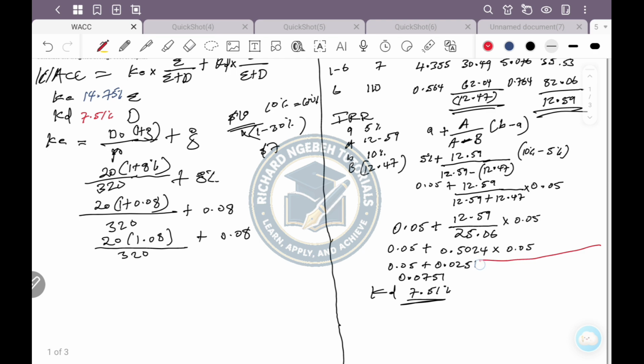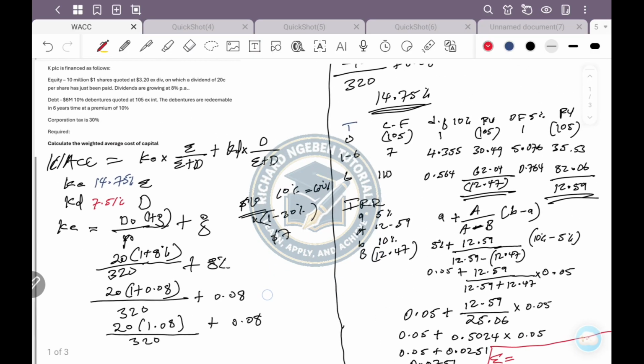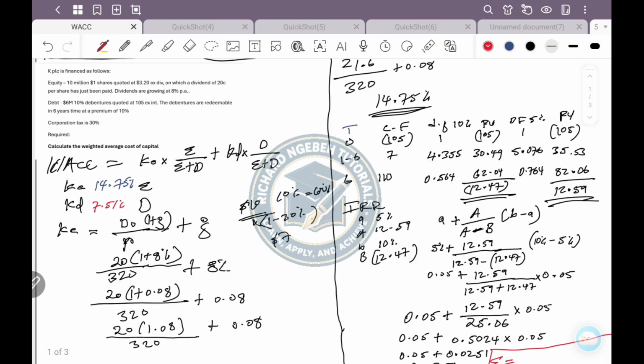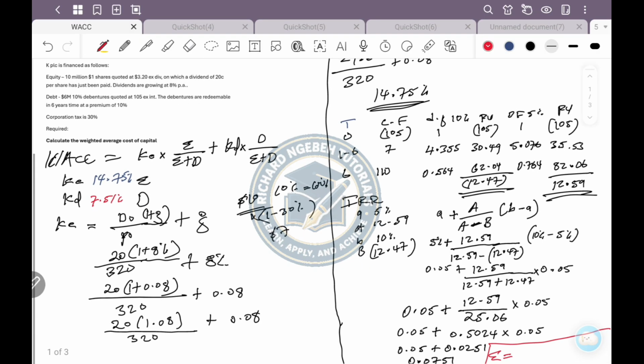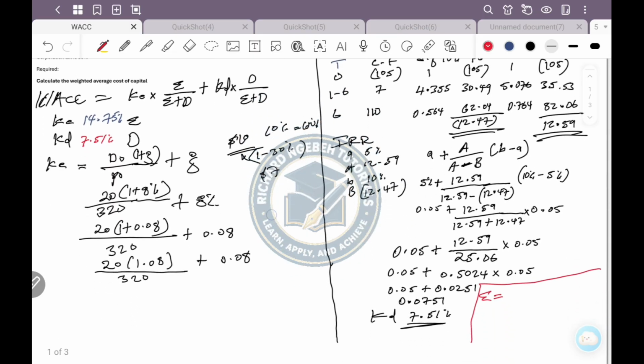For equity, equity will now be equal to, go back to the question, you have 10 million shares. You have 10 million shares, but what is the market value of each share?